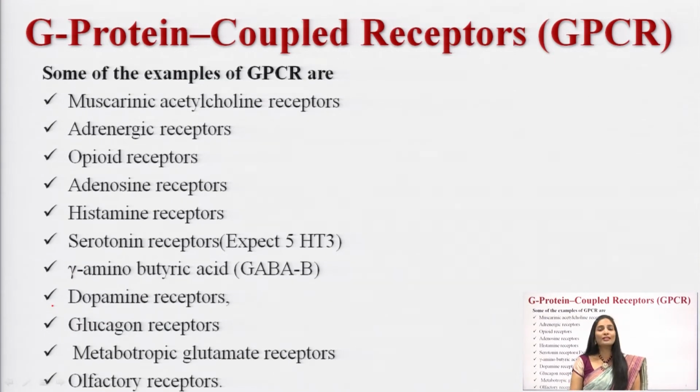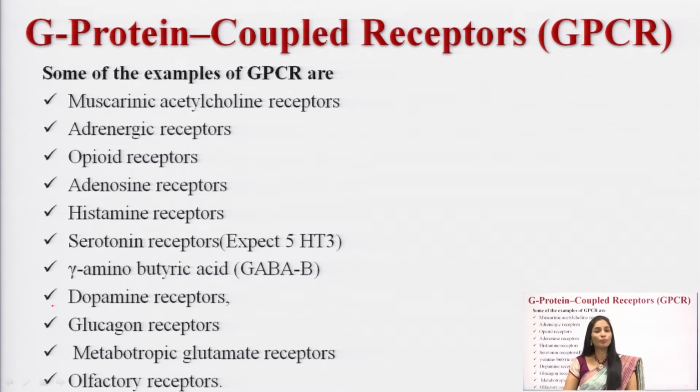These are some examples which fall under GPCR. Most of the receptors present in the body act through the GPCR. It is a large receptor family compared to the rest of the receptors. A few examples: the muscarinic receptor for acetylcholine is a GPCR.